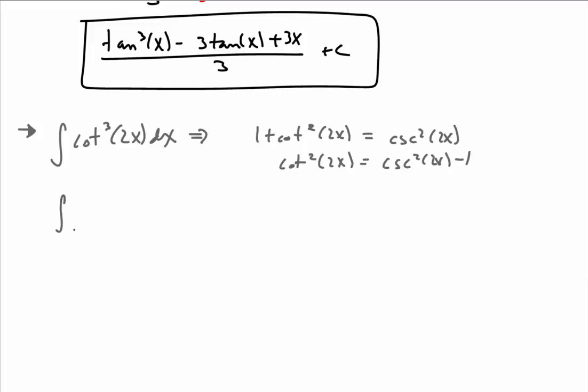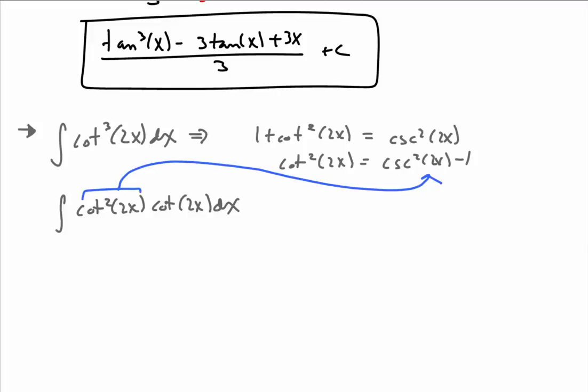So I would rewrite this as cotangent squared times cotangent dx. I know cotangent squared is going to be equal to my Pythagorean identity, so that's going to be cosecant squared of 2x minus 1.